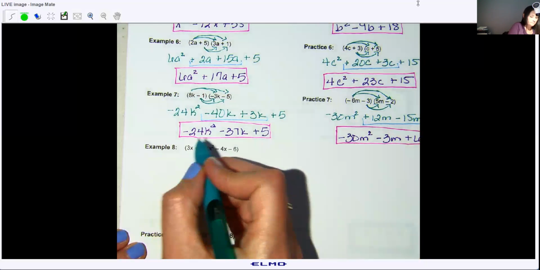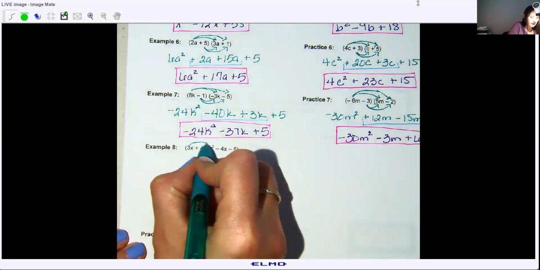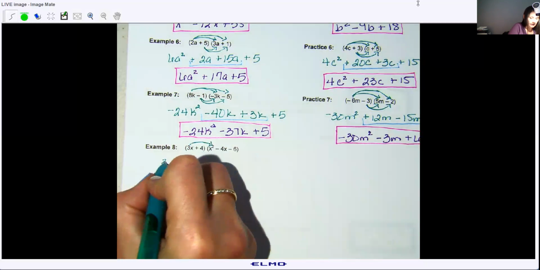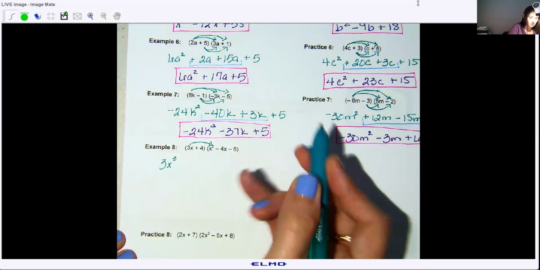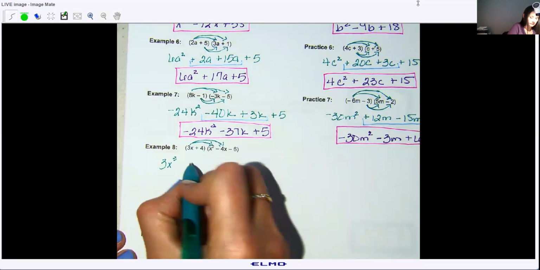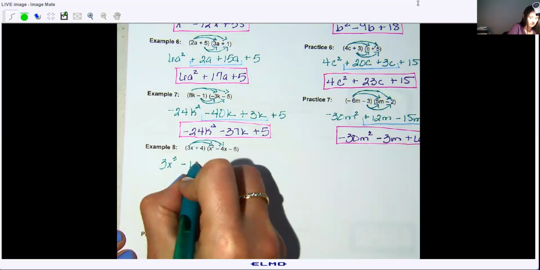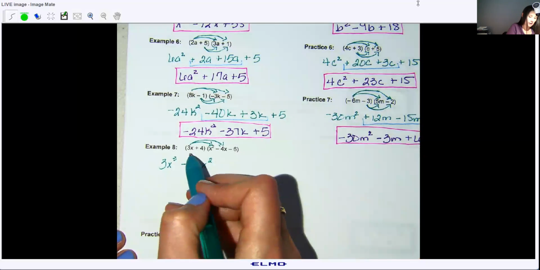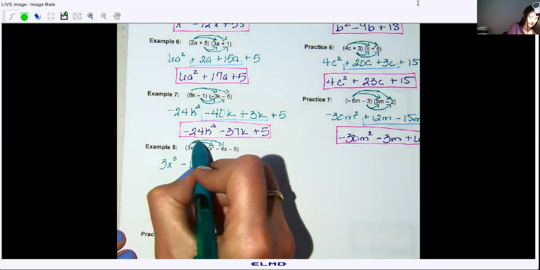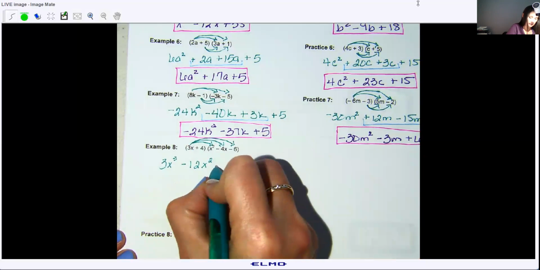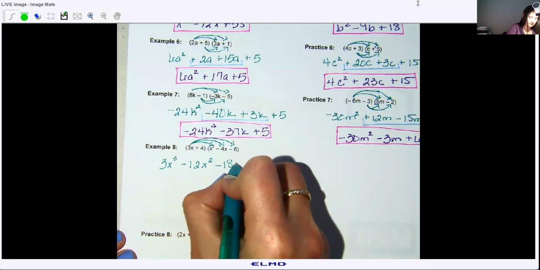So multiplying 3x times x squared gives us 3x cubed. 3x times a negative 4x gives us negative 12x squared. And then 3x times a negative 6 gives us a negative 18x.